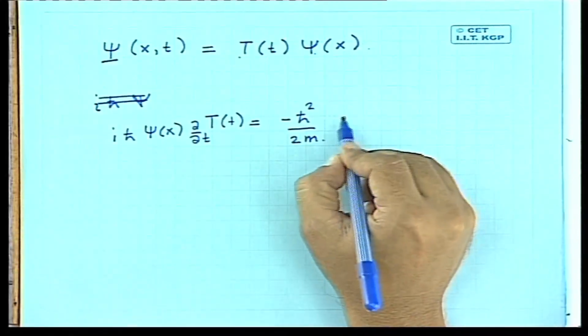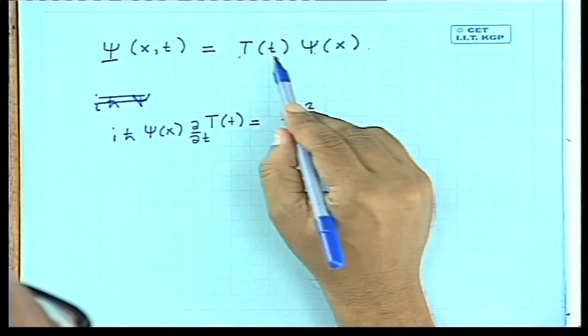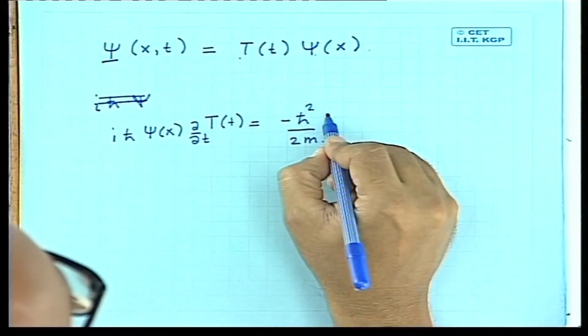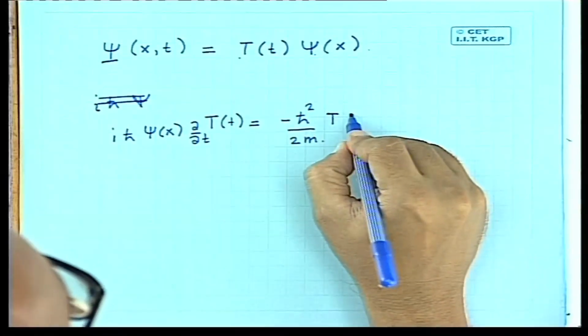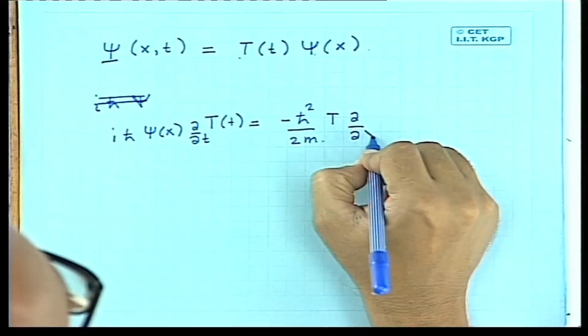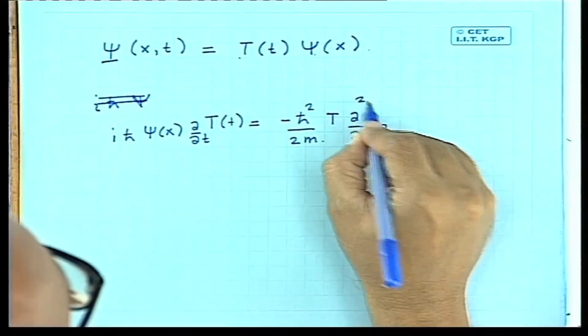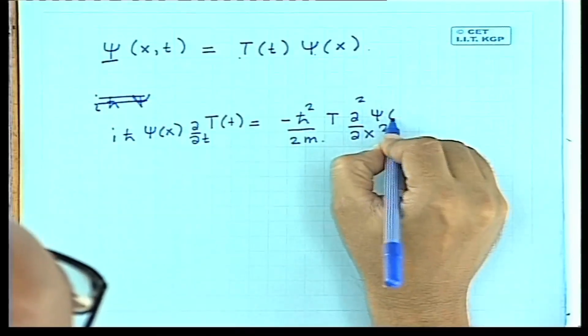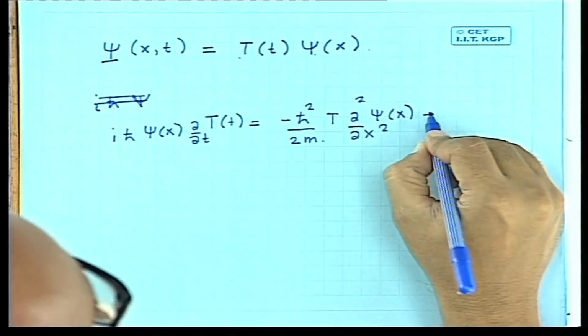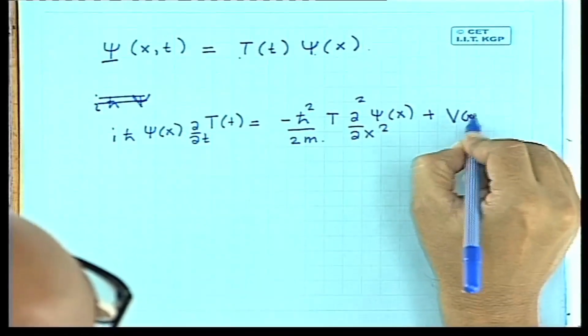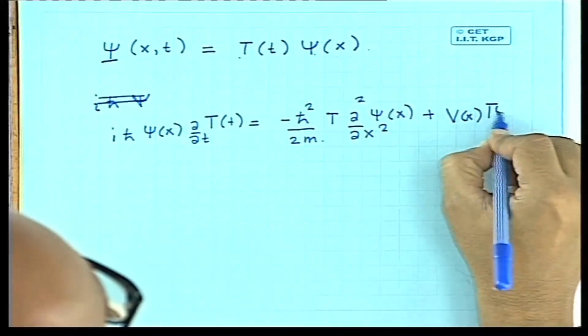Here we have a derivative with respect to x which will not act on this function of time, so I can take it out, T, and then I have del square by del x square of psi of x plus V of x into T into psi.